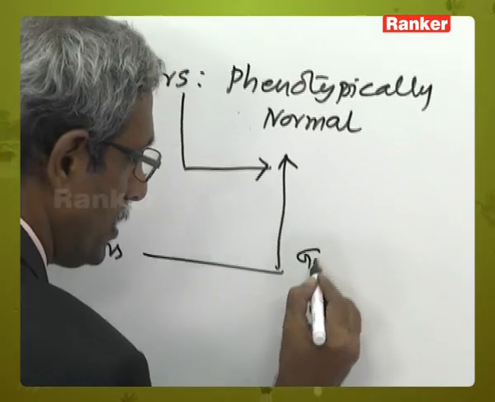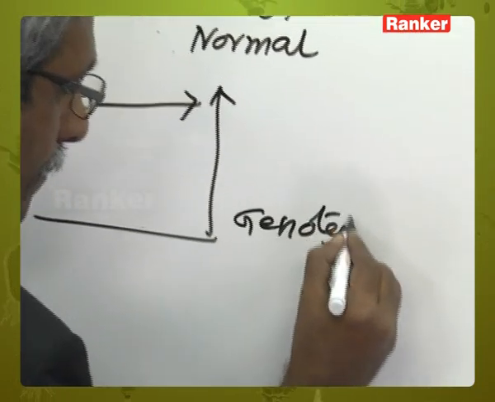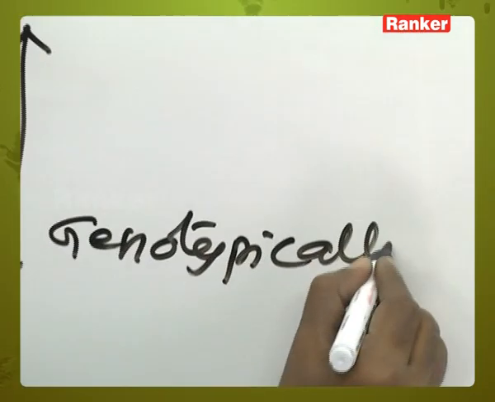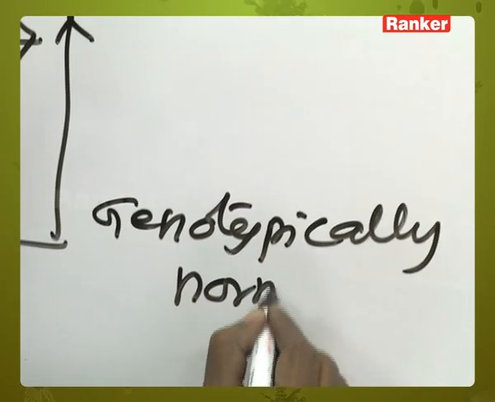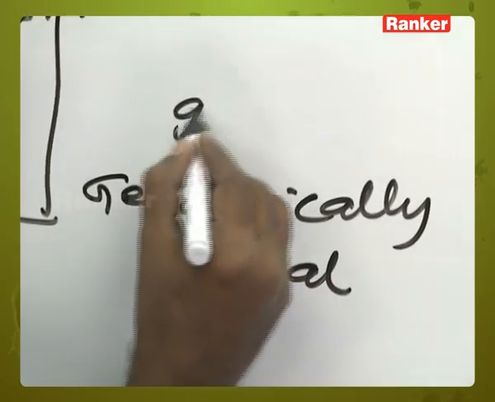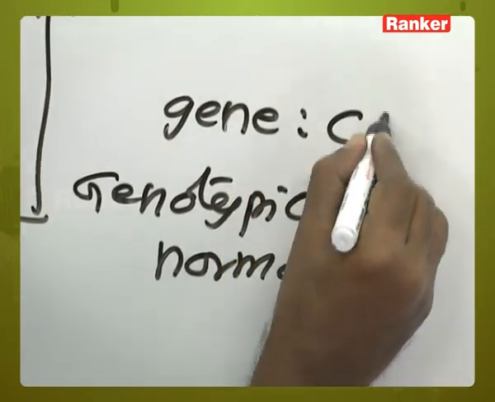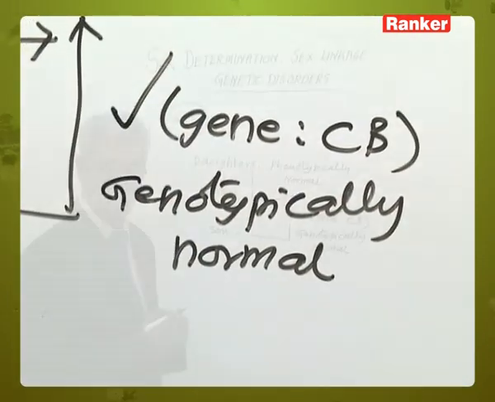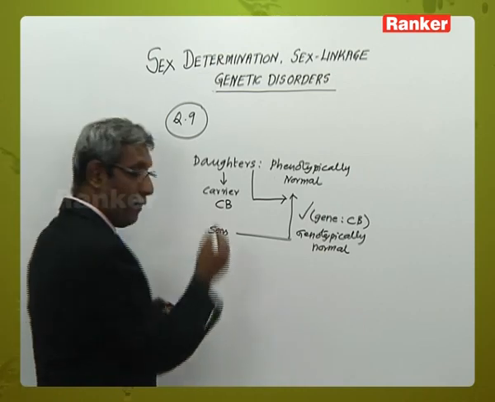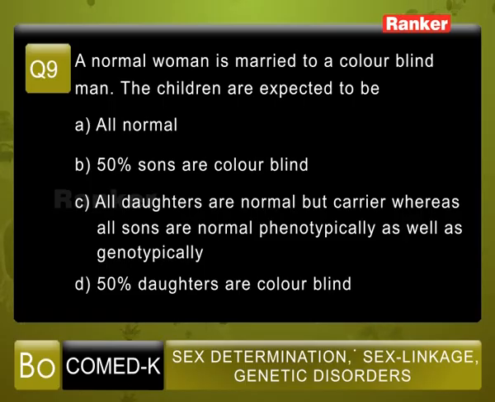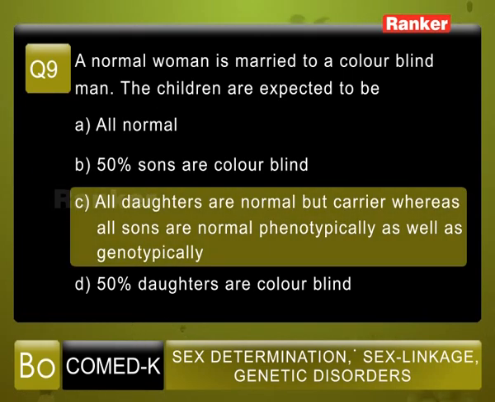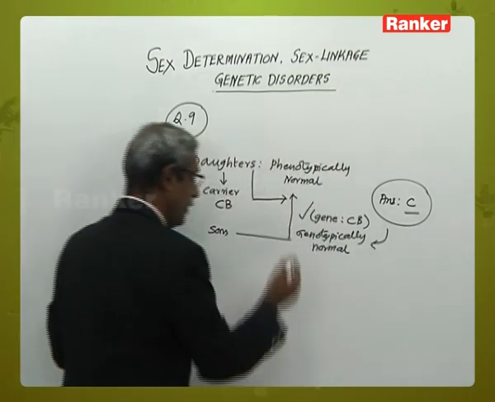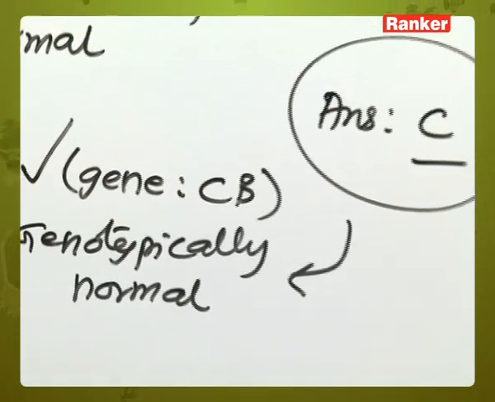So when you say they are genotypically normal, it means they are carrying the gene for color blindness. They have the gene for color blindness. Hence, among the 4 choices, the best answer is C. Answer C indicates phenotypically both of them are normal.